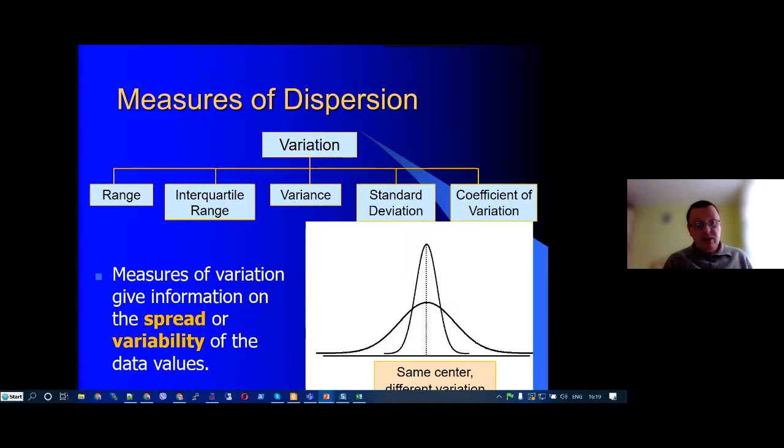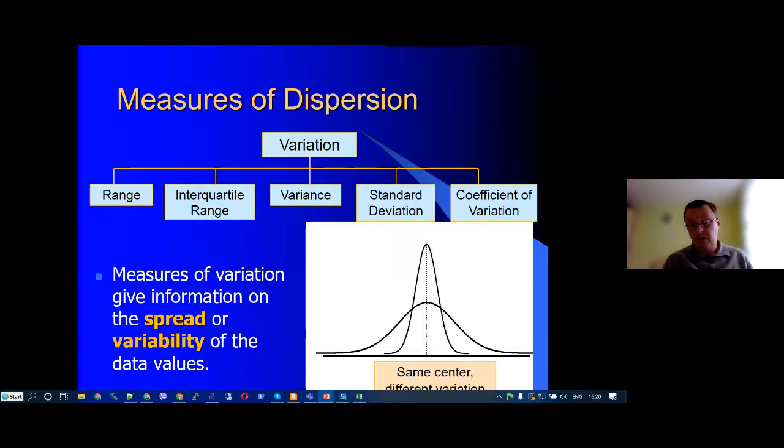With dispersion or variability, we first give information about the spread of variability of data values. So on the chart we have two different distributions of two different data sets, a visual representation of distributions, which are both symmetrical, so their central tendency is exactly the same.